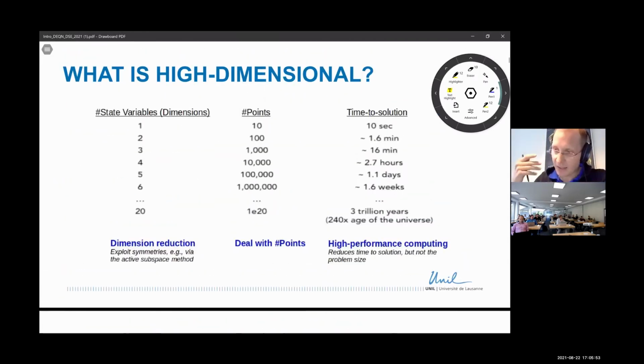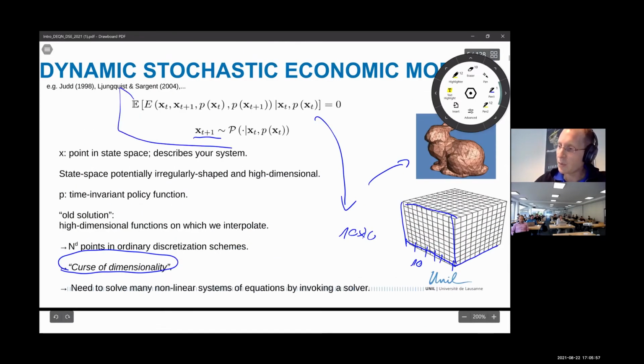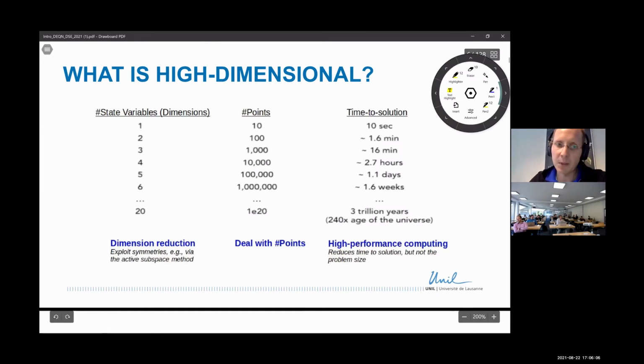And then the last one that I wanted to mention is, I said we need to solve, for instance, a set of nonlinear equations. It could also be the Bellman operator. But just to demonstrate what the curse of dimensionality implies, it is the following.